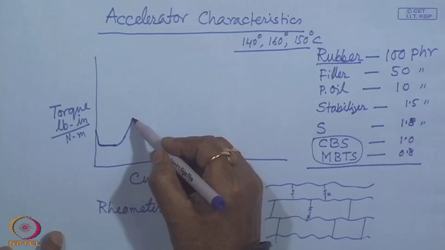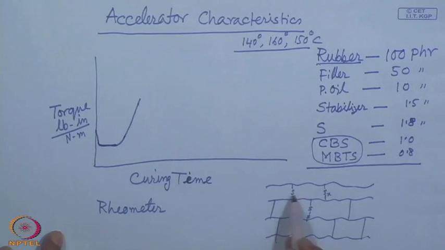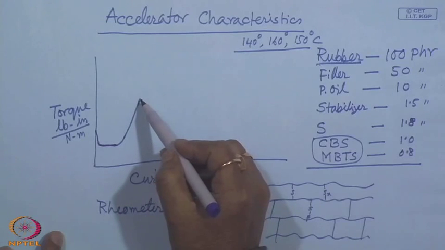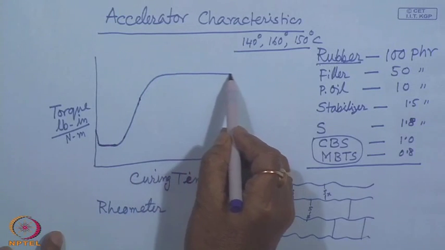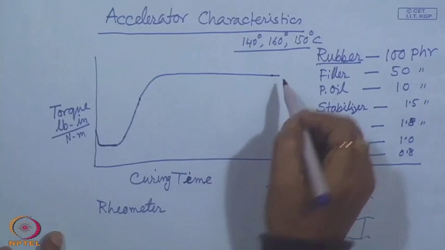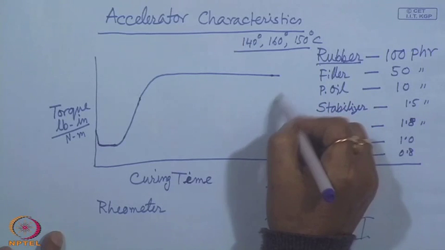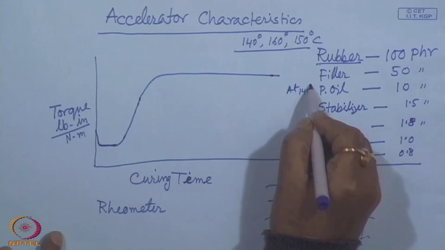This rising torque happens due to the introduction of cross link bonds in between the rubber molecules, and ultimately it gives this kind of torque profile with time at, say for example, 140 degree Celsius.